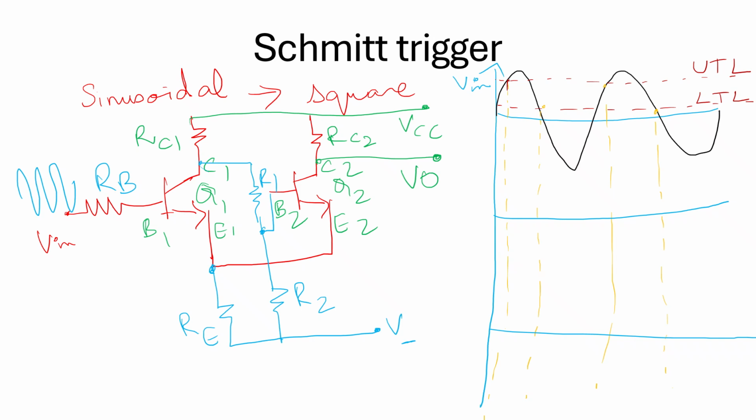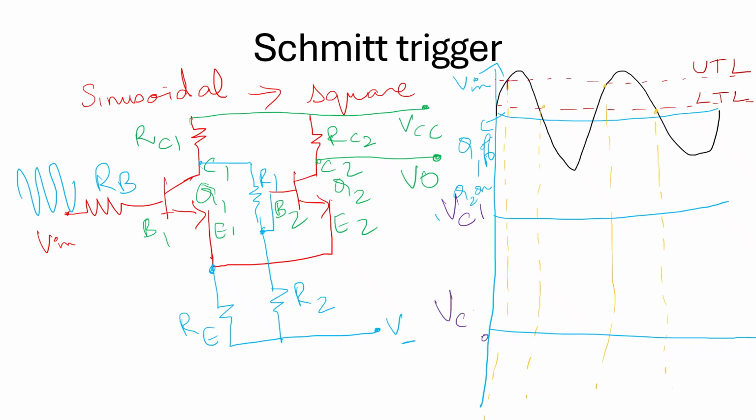So by turning on each transistor one at a time, the square pulses are generated. Initially, let us assume that Q1 is off during this period. Let us assume that Q1 is off and Q2 is on. So the output voltage across VC1 will be like this.